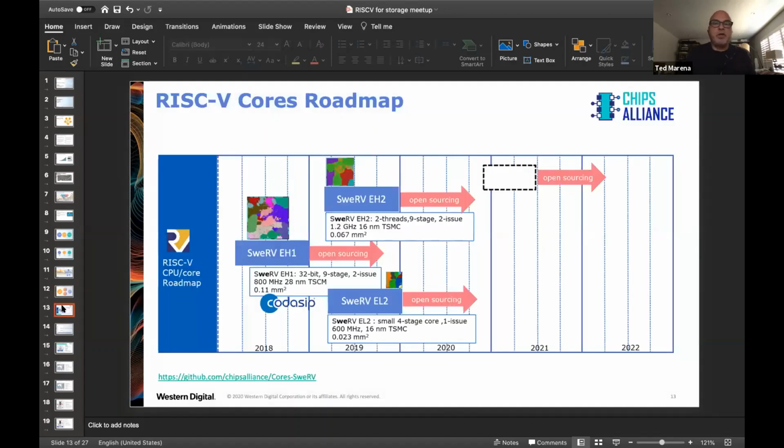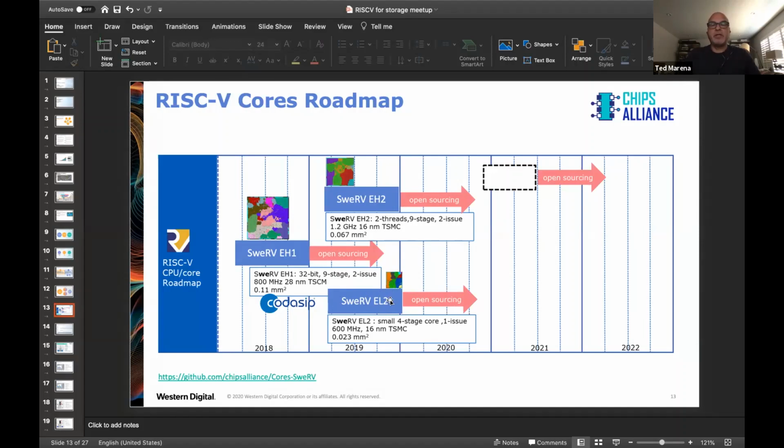When you look at where we are today with our RISC-V cores, the SWeRV cores in particular, we first introduced the EH1 in early 2019. And then we announced the dual-threaded EH2, as well as the smaller EL2.